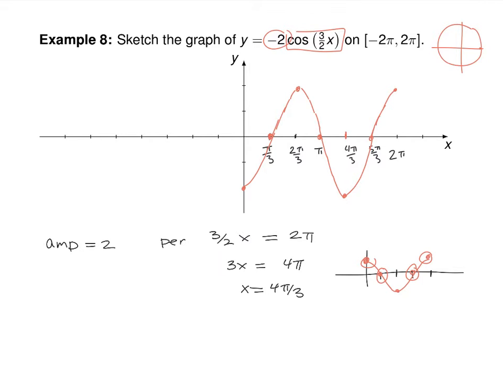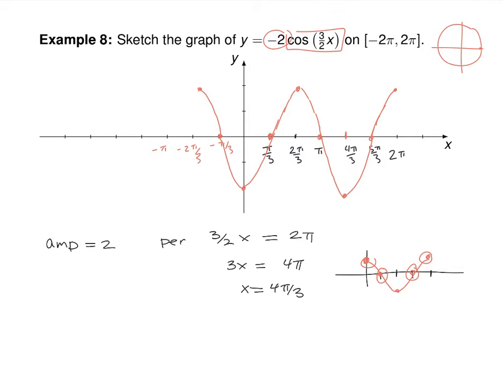And then could you get the rest of it on the other side? Where will your picture be at negative pi thirds? 0. By negative 2 pi thirds, you'll be up at 2, sorry.